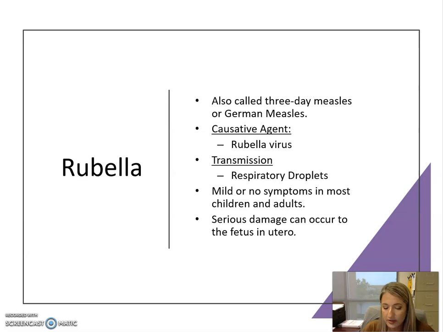It can actually stop fetal development, which could ultimately lead to a miscarriage, or, depending on what stage in development the fetus was in, it could lead the baby to be born with various different abnormalities. So the reason why rubella is a concern is because of its impact on pregnant individuals and the fetus.